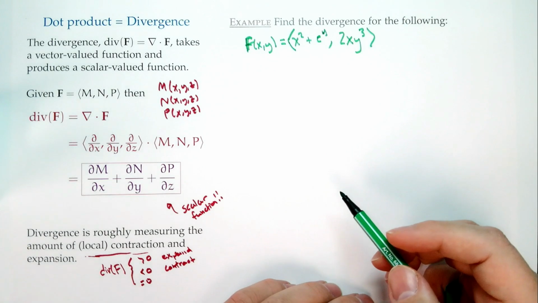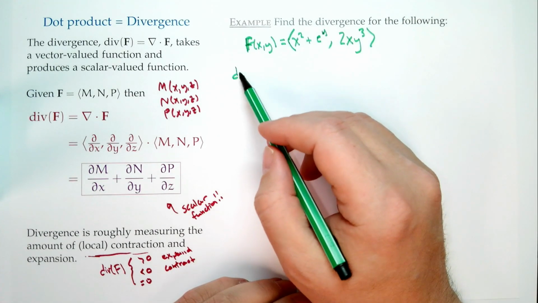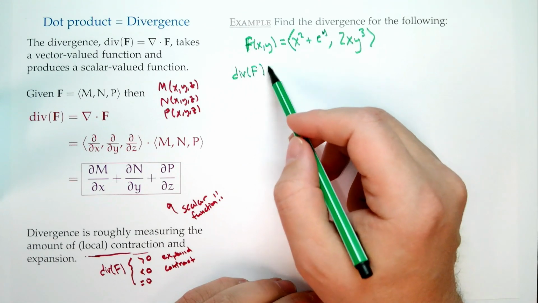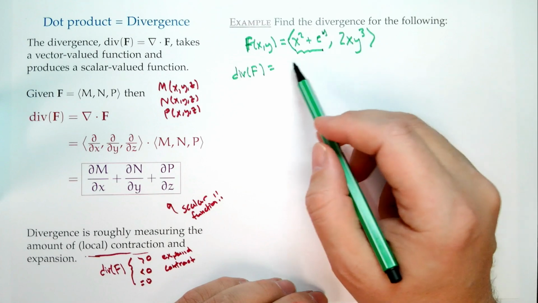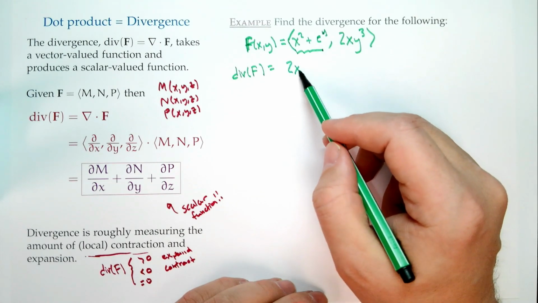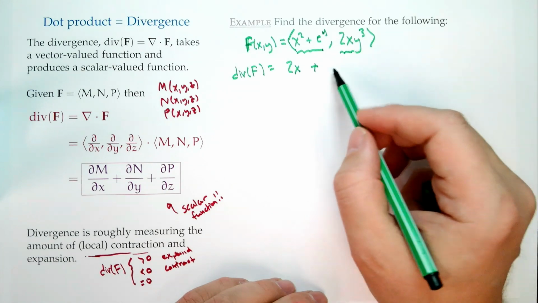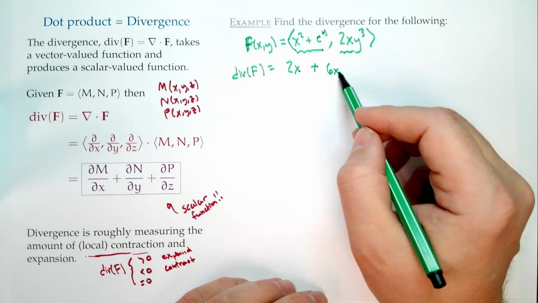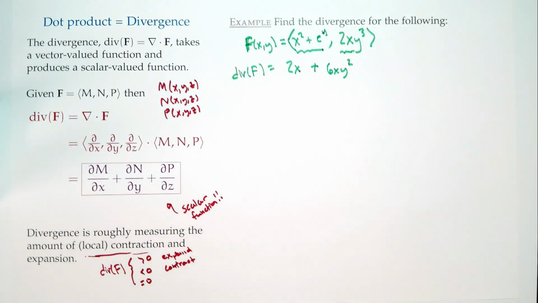There we go. So, what's the divergence? Well, the divergence of F will be, we take the derivative of the first entry with respect to x, which is 2x, add to that the derivative of the second entry with respect to y, which will be 6xy squared. And there you go. That's the divergence. Okay, cool, awesome.